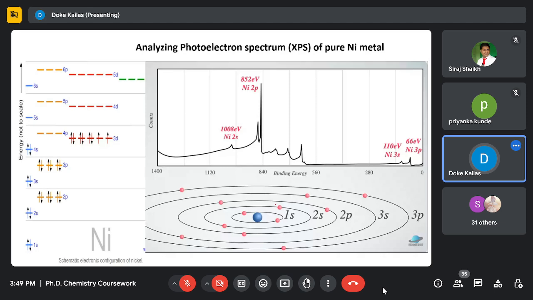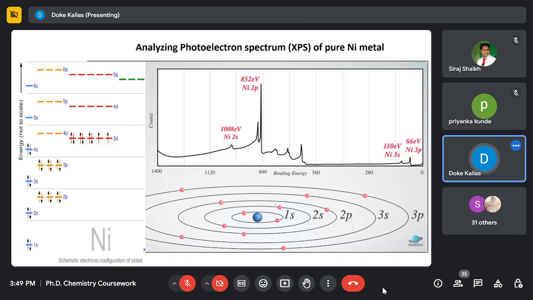And here there are no peaks, even up to 1400 electron volts binding energy. Which means that to remove an electron from the 1s shell of nickel metal, it requires more than 1400 electron volts of binding energy. So if the atomic size increases, the number of shells increases.